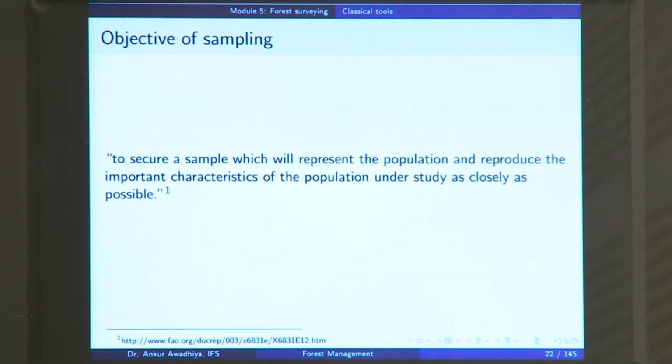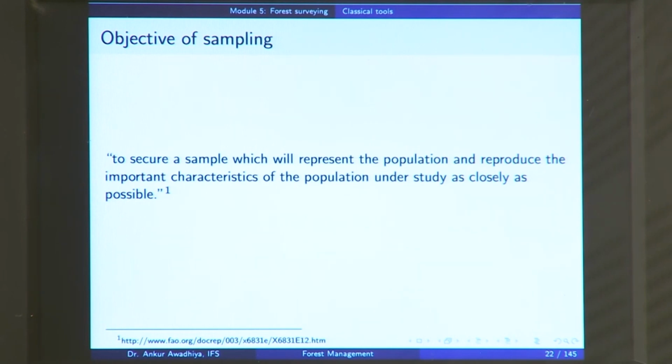Now, the objective of sampling is to secure a sample which will represent the population and reproduce the important characteristics of the population under study as closely as possible. So, what you are doing in the case of sampling is that in place of doing the measurements all over 100 square kilometers, I take small samples and in those samples I do the measurements and then I generalize it to the whole population.